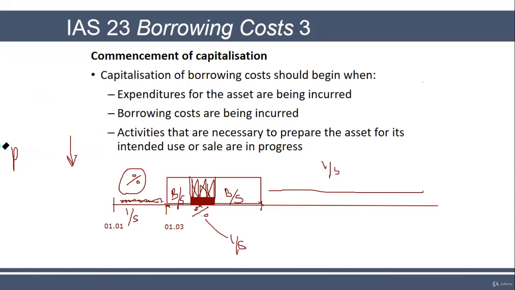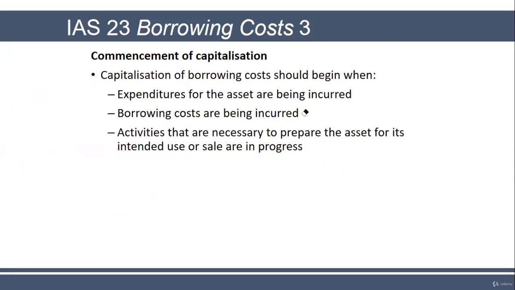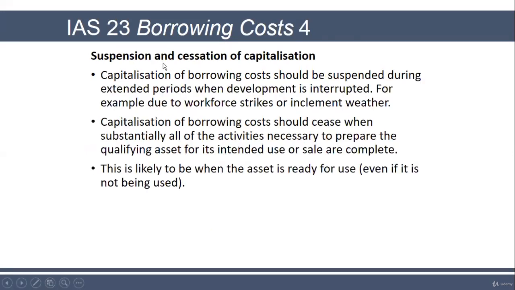Okay, let me now delete all of this. And you call it suspension and cessation. Suspension is, like I explained to you before, a temporary halt in the construction phase. Capitalization of borrowing cost should be suspended during extended periods when development is interrupted.